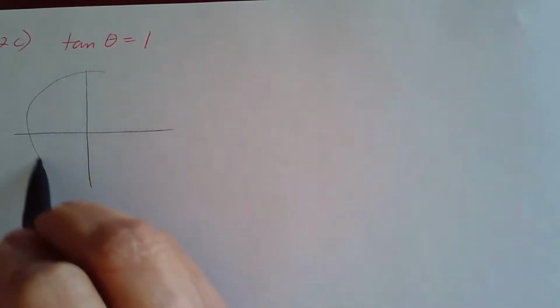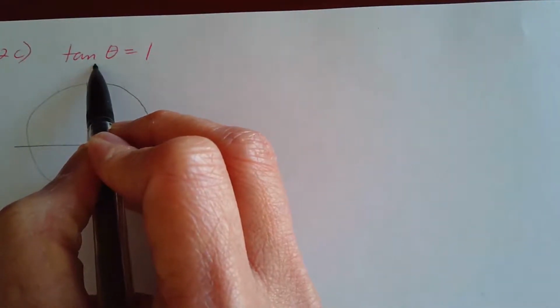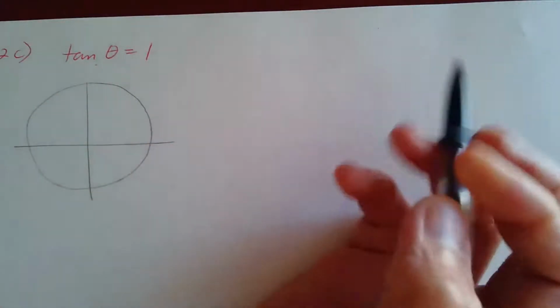Okay, letter C. Example 2, letter C: tangent of theta is equal to 1. The tangent is sine divided by cos theta.